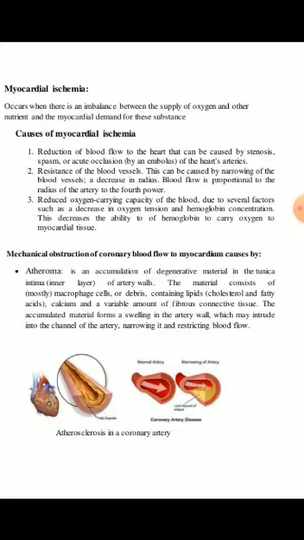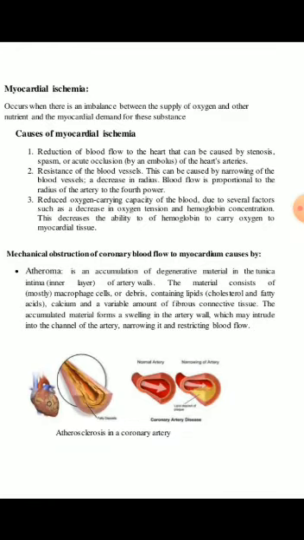Now, when we talk about occlusion, mechanical obstruction of coronary blood flow to the myocardium is caused by atheroma. What do you mean by atheroma? Basically, it is an accumulation of degenerative material in the tunica intima, the inner layer of the artery wall.